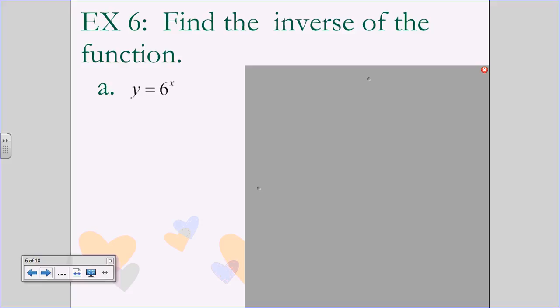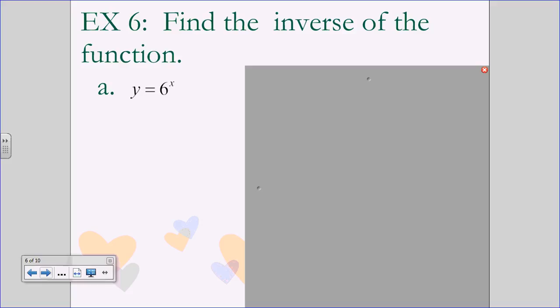Okay, find the inverse of the function. When we talked about inverses, the first thing we always did was switch our x and y. If I start with an exponential, which this is, we have an x in the exponent, then the inverse function should have a log in it.